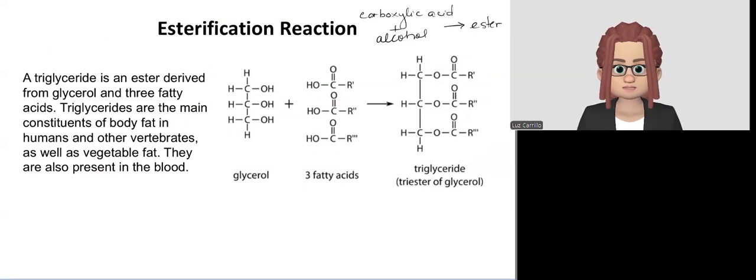This reaction also happens in biological systems. Glycerol is your alcohol component. Fatty acids are going to be your carboxylic acid components. And in the synthesis of a triglyceride, in other words, a triacylglycerol, we see that we form 1, 2, 3 ester bonds.